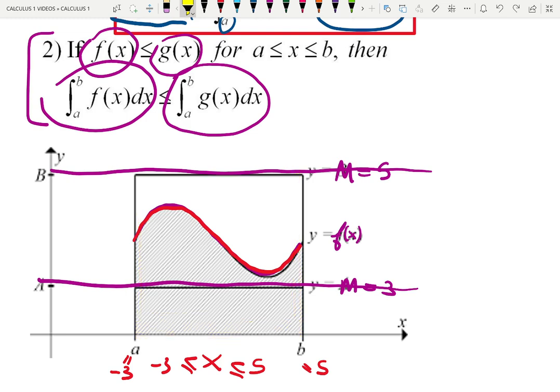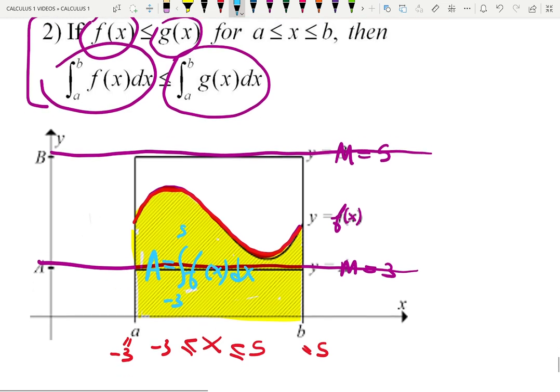But the integral of this function from a to b can also be represented as the area below the graph. Thus, this integral, which is all this area I just highlighted, the integral from minus 3 to 5 of f of x dx, will also be bounded by this rectangle.